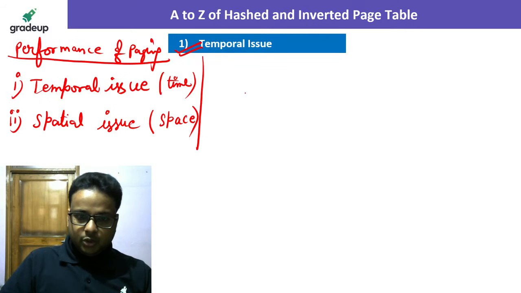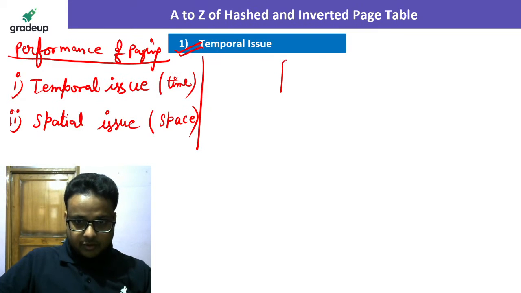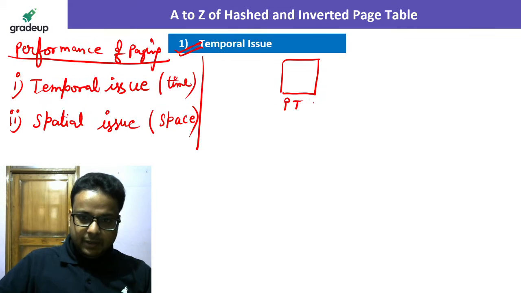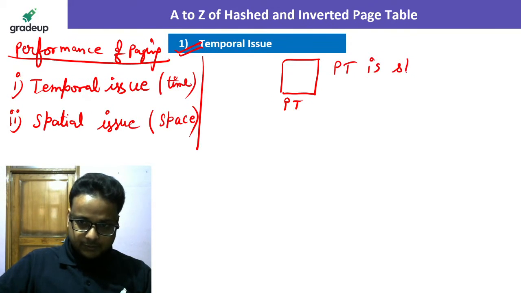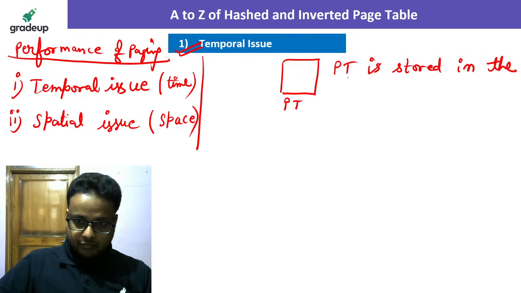Now here we have page table, and generally page table is stored in the main memory.